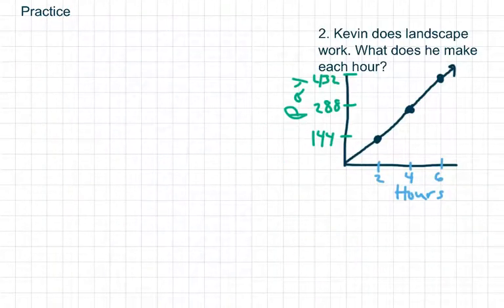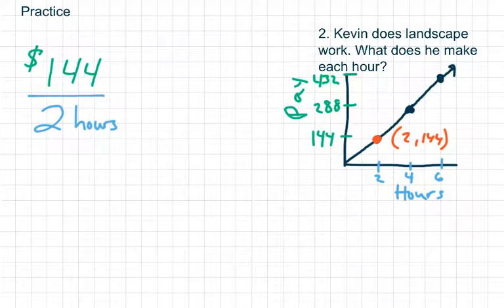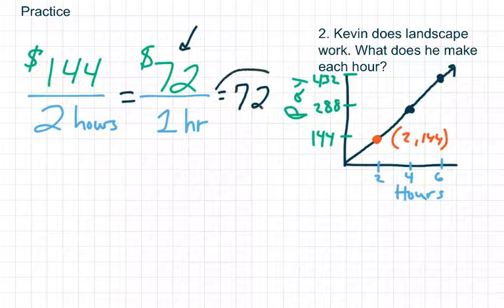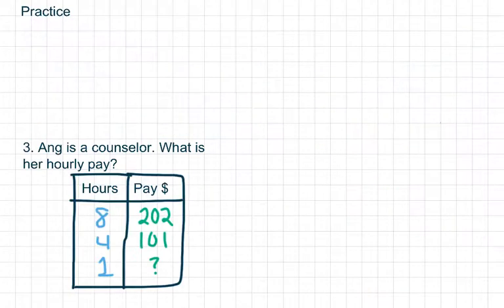Then we have Kevin, and I use this first red dot here, which would be 2, 144. So that's where I got my values for my fraction right here, $144 for 2 hours. So when we divide 144 divided by 2, I'm going to get $72 per 1 hour. So then our unit rate here would be 72. So he's making $72 per hour.